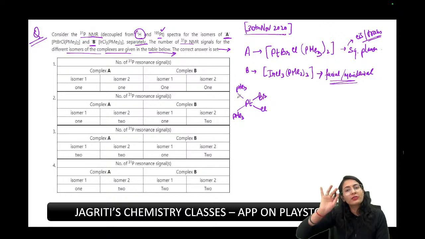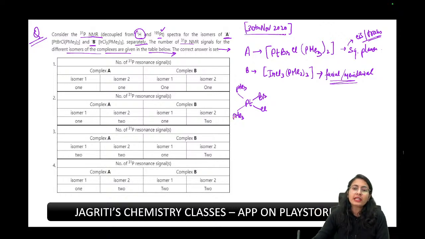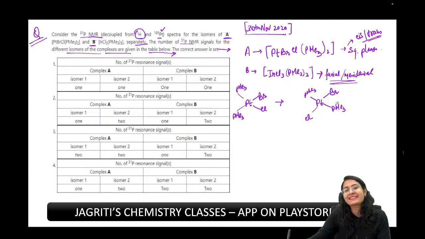The platinum is also not interfering. You are only getting the number of signals, not even splitting. So how many signals can come in this, guys? You tell me. It is a cis complex. How many signals could be possible? They're not even asking you splitting, they're just asking you the number of signals.